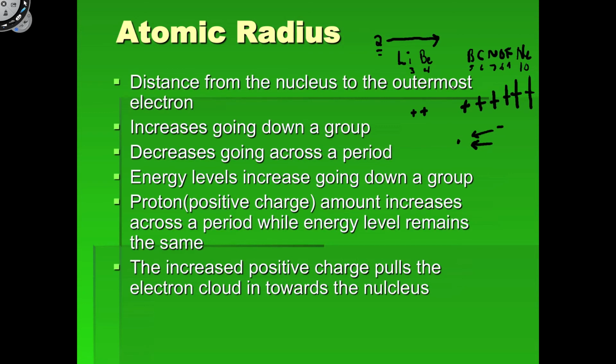And since the electrons aren't getting any farther away, that causes them to be pulled towards the nucleus. All right, so that's atomic radius. Part 10 of our PowerPoint.